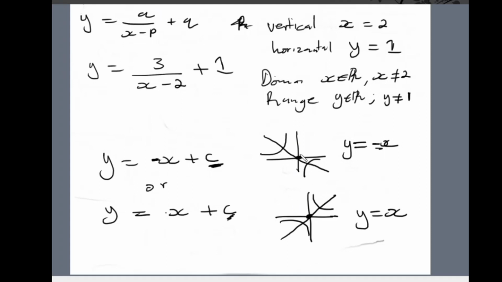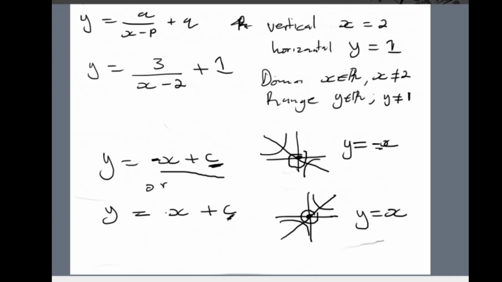So where they intersect will sort of give you the coordinates to be able to determine this equation, right? So notice here they intersected at 0 and 0, and then here again they intersected at 0 and 0.